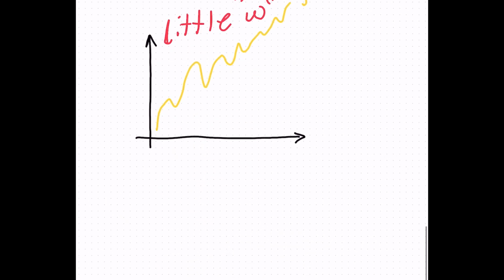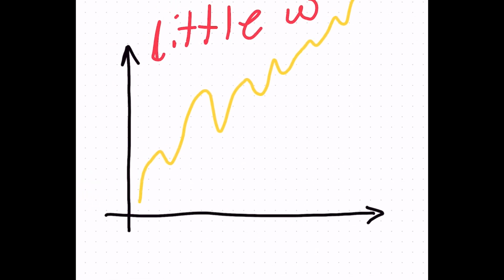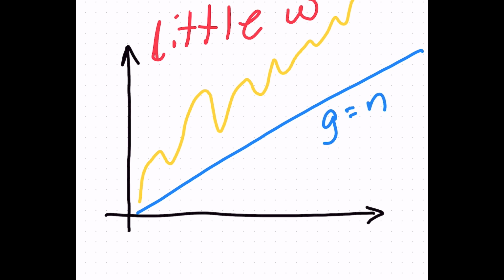Similarly, for little omega, if we have this line, then it would tell us that no matter how good this algorithm would run, we have some idea that it will not run as good as linear time, but it's close.